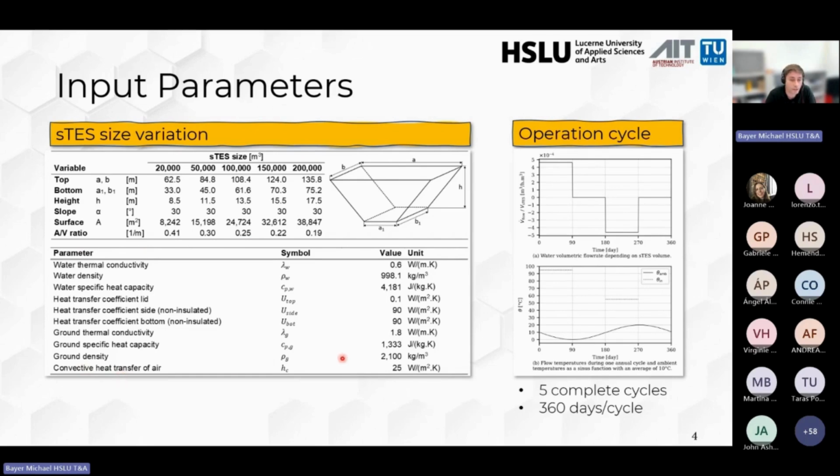For the simulation itself, we made 5 complete annual cycles, where one cycle is represented by 90 days of charging, 90 days of storing, 90 days of discharging, and 90 days of idle phase. In total, we made a 5-year simulation, and for comparison of the results, we use the 5th year.